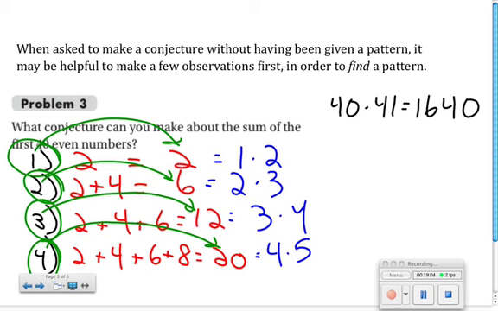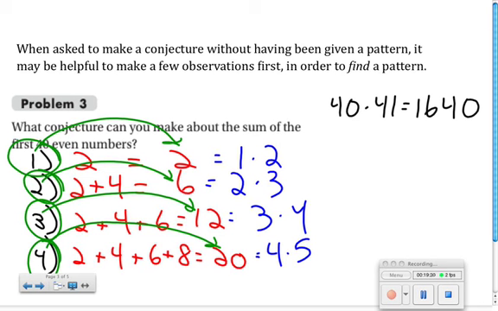What I'm expecting you to be able to apply is this line of thinking, of coming up with the first few terms of the sequence, asking yourself, what am I doing to the term number of the sequence? Like this is term 1, this is term 2, this is term 3, term 4. What am I doing to the number of the term to get the term?